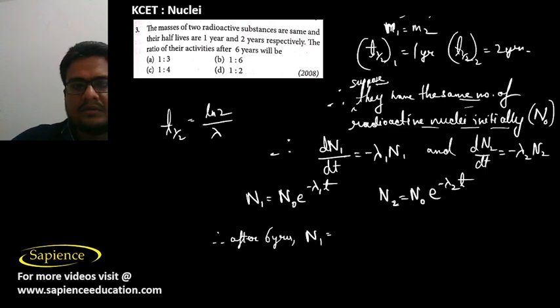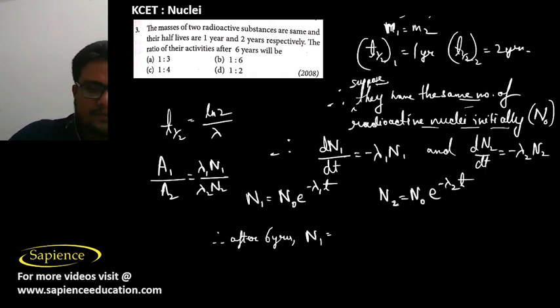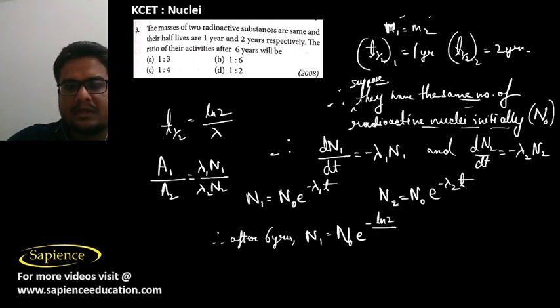the ratio of the activities has been asked. So activity 1 by activity 2. Activity 1 will be λ1 N1, and activity 2, the activity of substance 2, will be λ2 N2. So N1 will be equal to N0 e^(-λ1 t), where λ1 is ln2 by t half, the first one, that is 1 year, into 6 years.